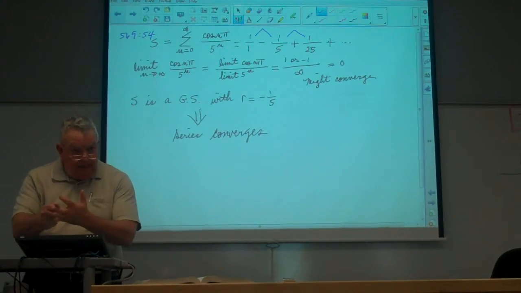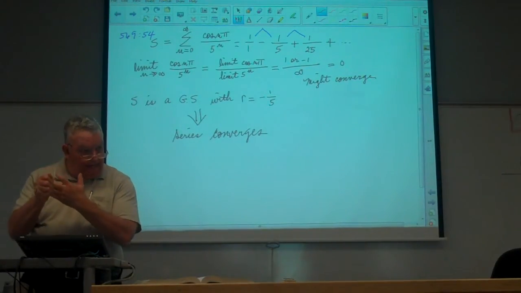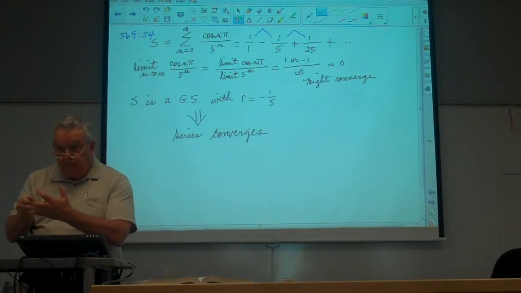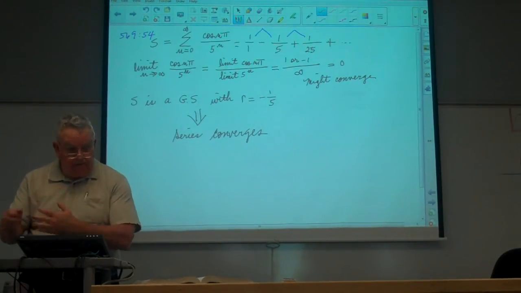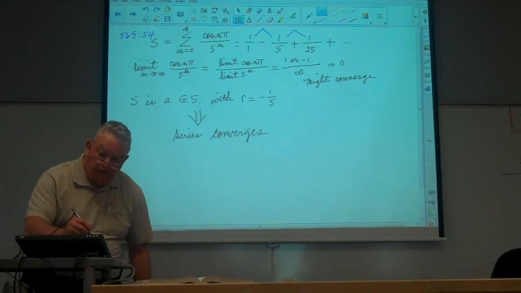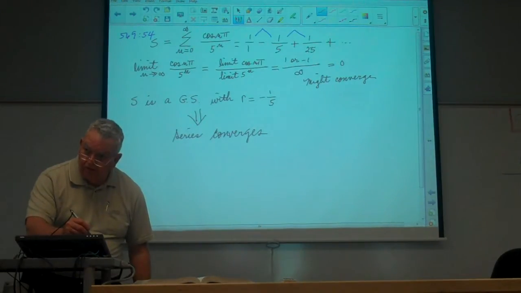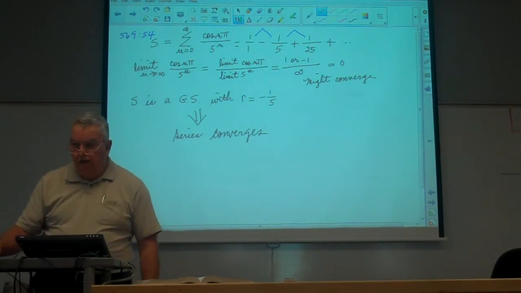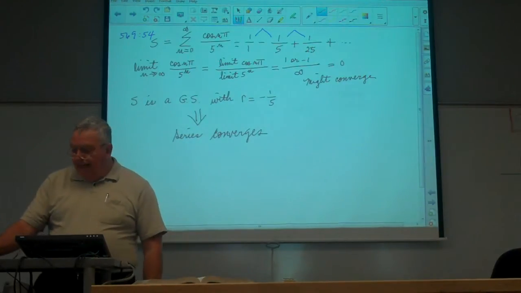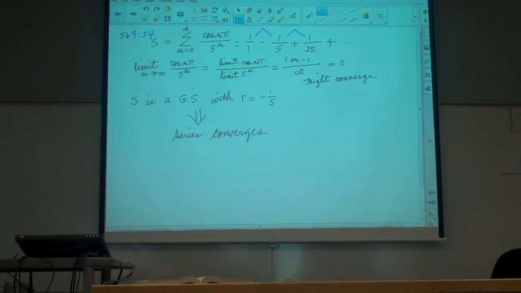You've got to say that it converges, and then name what test. Okay? And with a geometric series, we would have to say the rate at which it's changing. I consider that a part of explaining it.